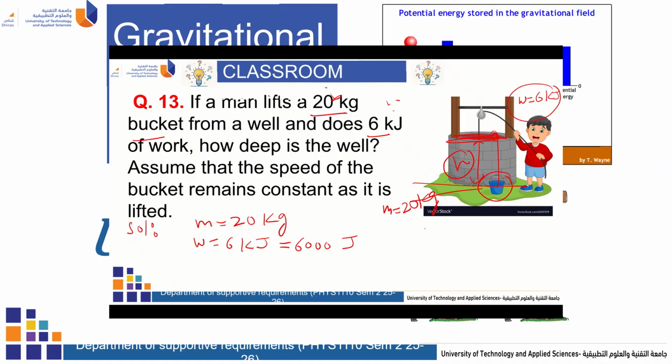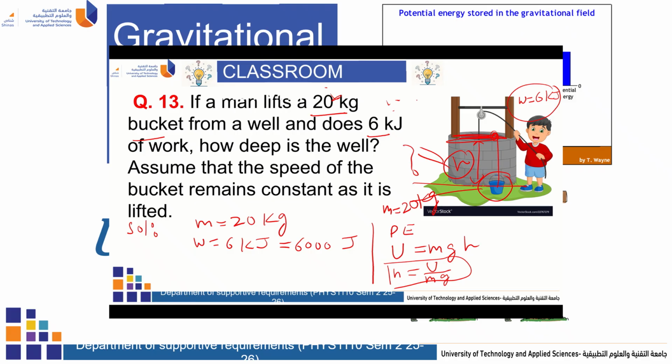Here we can use the formula for potential energy, U equal to mgh, and we have to find the height, the height of the well. If I rearrange the formula, H equals the potential energy divided by m and g. This form of the formula we have to use to find the value of the height.